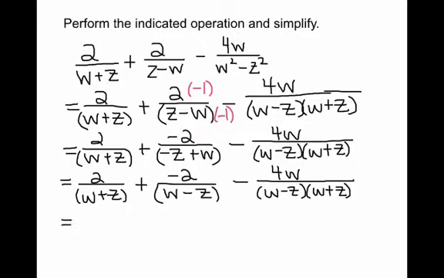So we're going to have to multiply the numerator and the denominator of the first and the second fraction by something that gives them the common denominator. The numerator and denominator of the first fraction are going to need to be multiplied by w minus z.